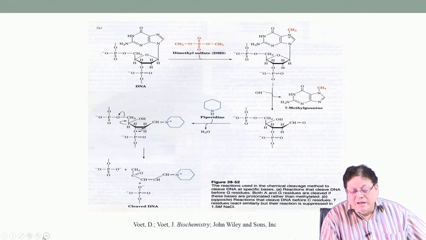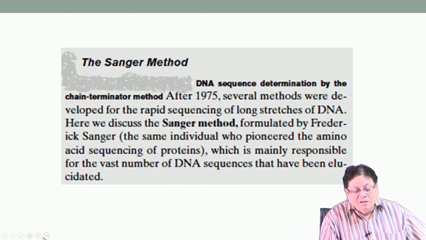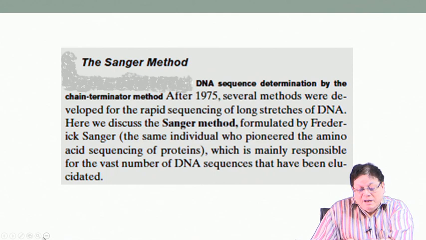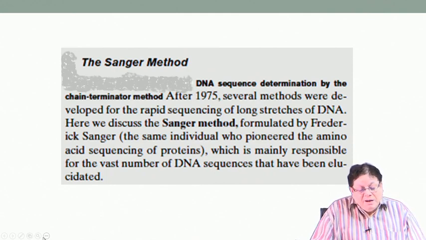Now, we will go to the other technique, which is Sanger's, discovered by Frederick Sanger at Cambridge University, England, and that was done in 1975. At the same time, the Maxam Gilbert sequencing technique was also discovered.